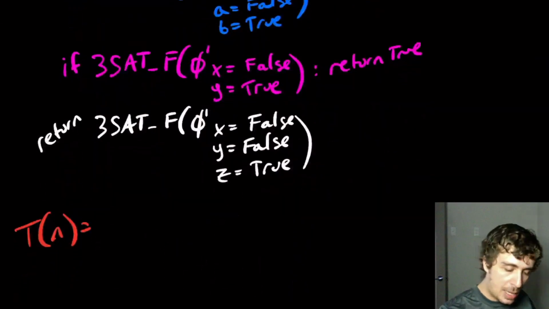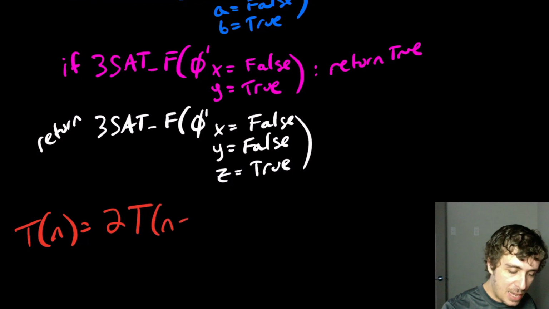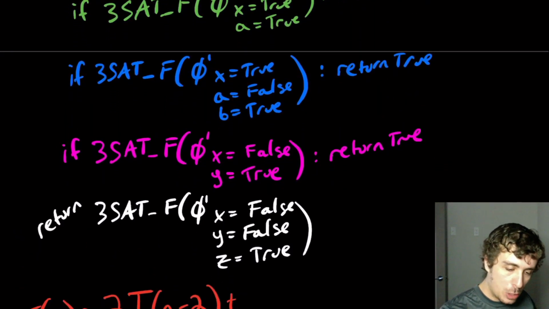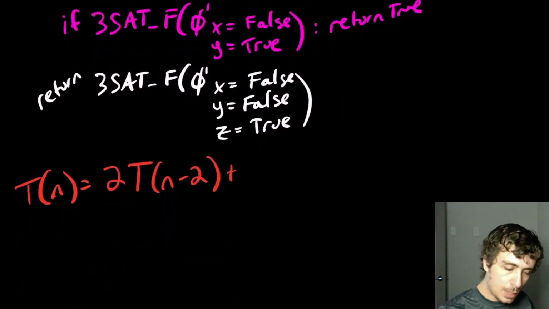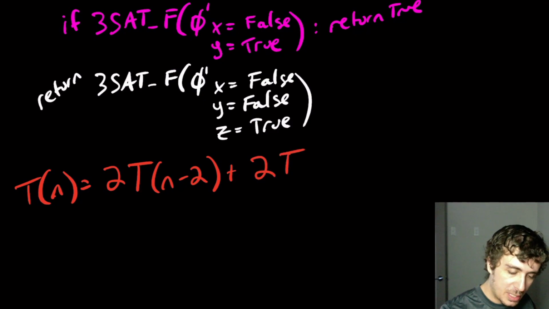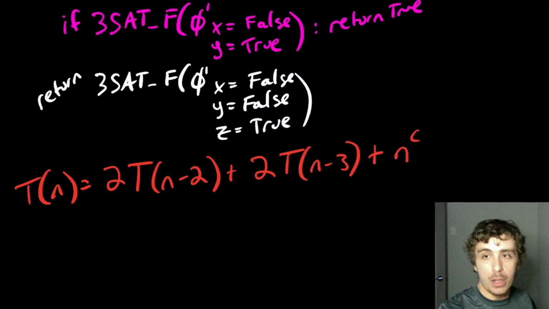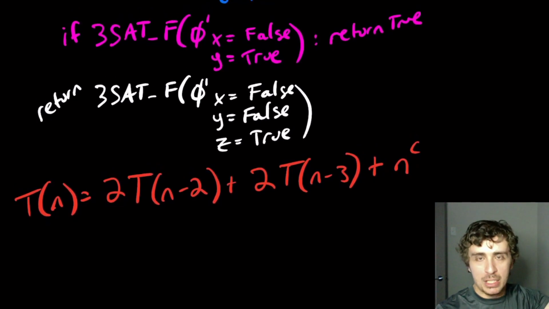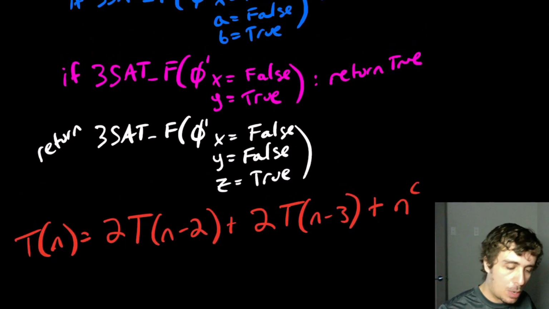So we're going to have 2 instances of T of n minus 2, and then here we have 2 instances of n minus 3, plus some polynomial runtime. And it's going to be swallowed up by the rest of this anyway, so it doesn't actually matter what it is as long as it's sufficiently small.